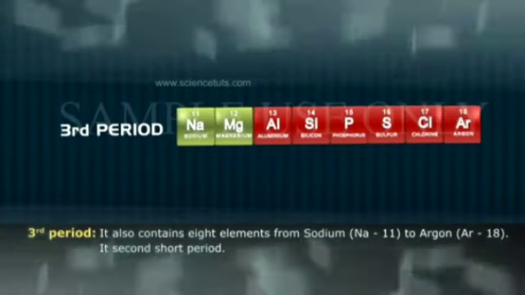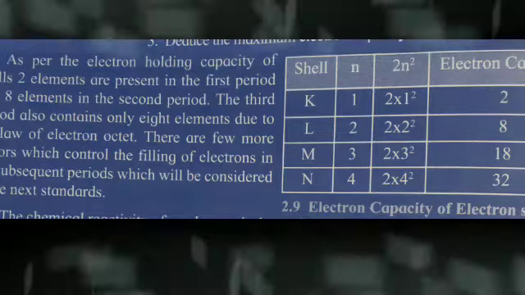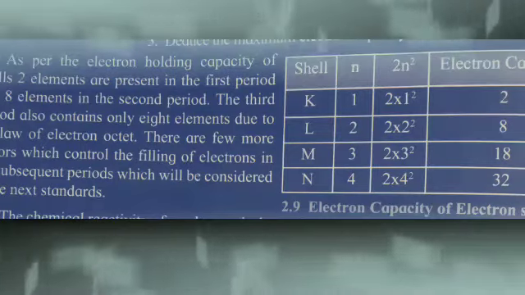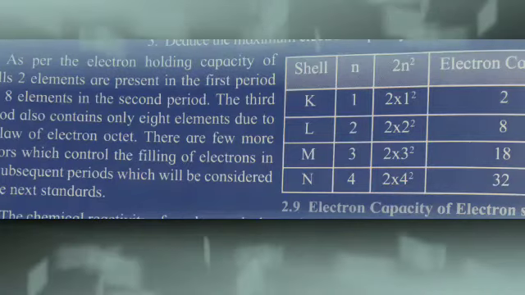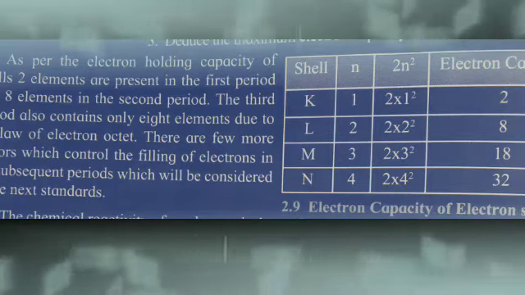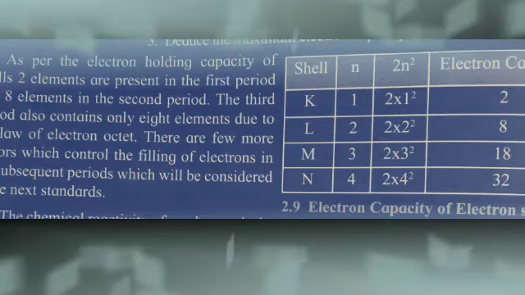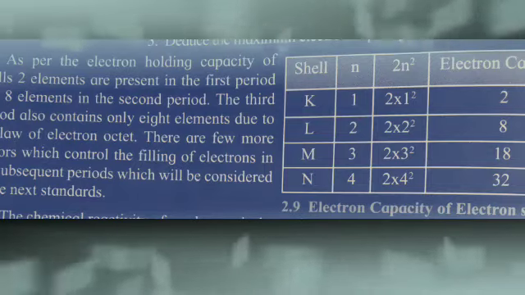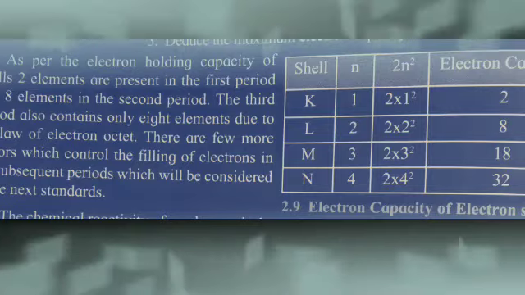It is the second short period. As per the electron holding capacity of the shells, 2 elements are present in the first period and 8 elements in the second period. The third period also contains only 8 elements due to the law of electron octet.